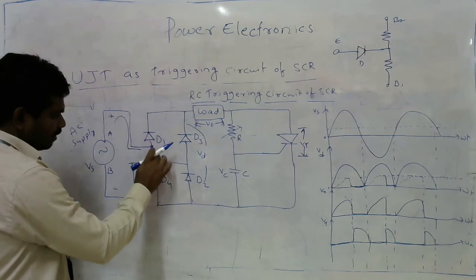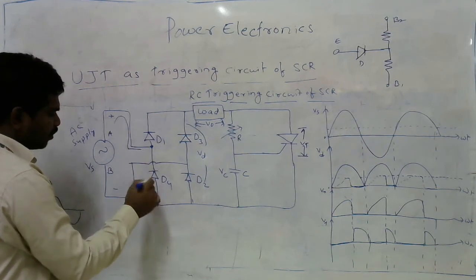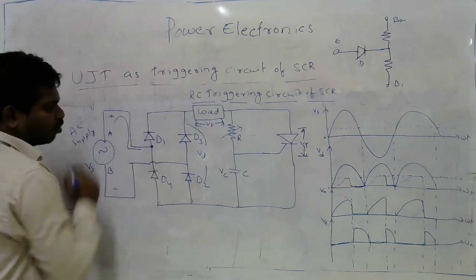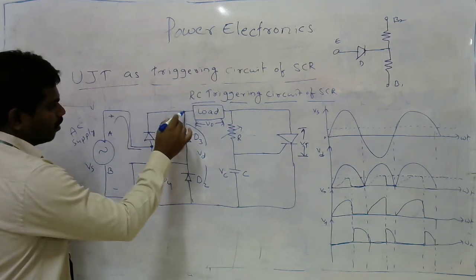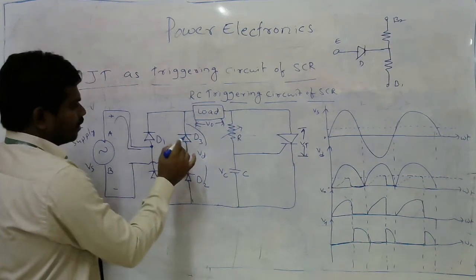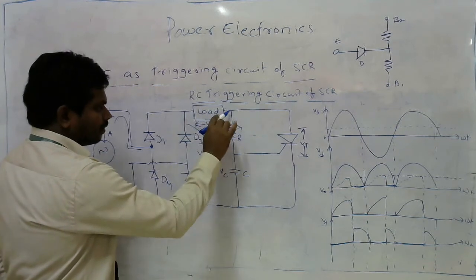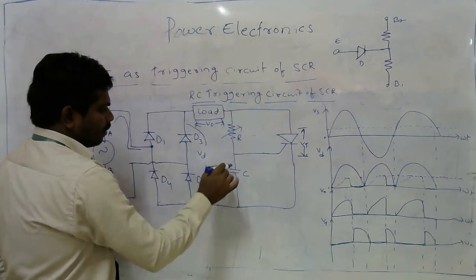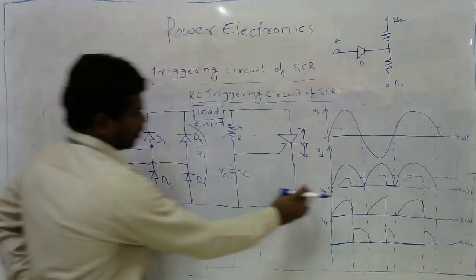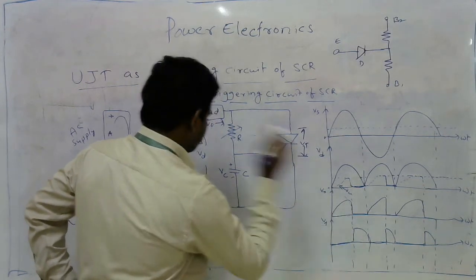In the downward direction, D4 becomes reverse biased and opens, and current has to flow through D1 only because it is forward biased, entering into this node. Again it is going to be reverse biased because the cathode is connected over here, then it is entering into the load, then flowing like this, and this capacitor is going to be charged. Thereby you can see the capacitor charging. This I am calling VC.